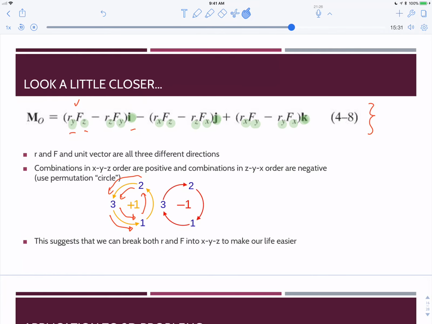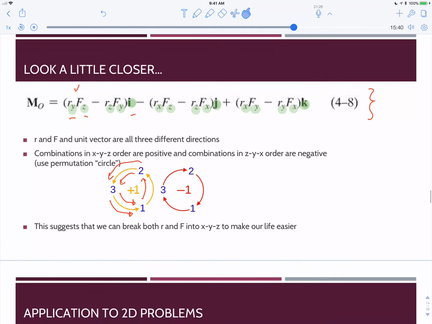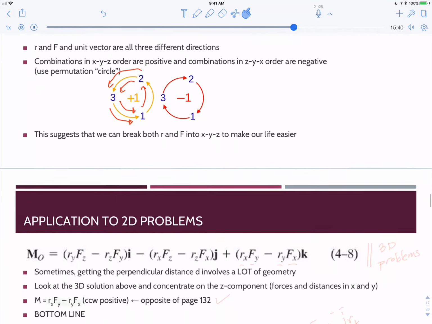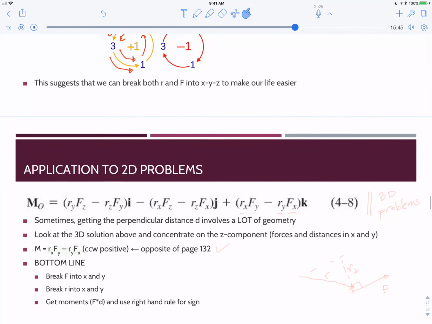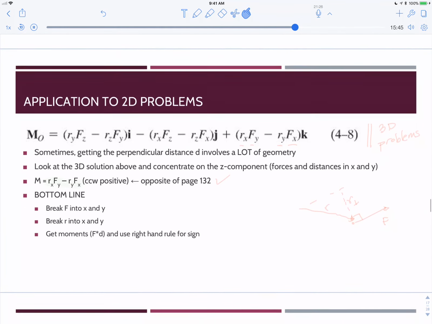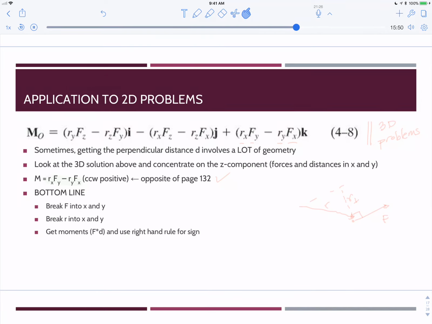This suggests that we can break both R and F into X, Y, Z to make our life easier. It's a lot of times easier to do the moment by looking at the components, the X, Y, Z components of R and the X, Y, Z components of F. From doing these problems a bunch of times in my life, even though this is for 3D problems, I find this also useful for 2D problems.